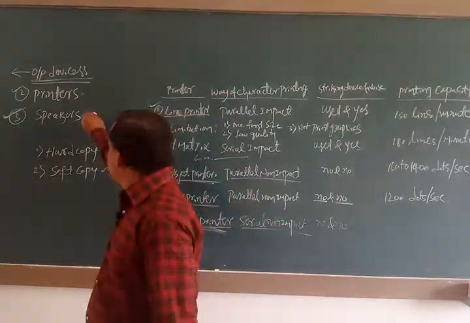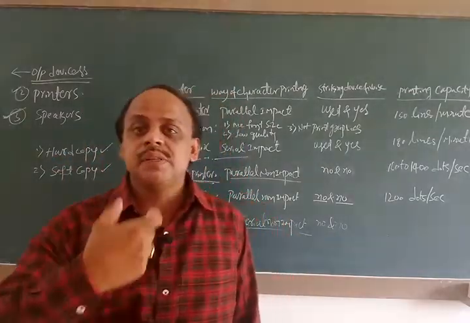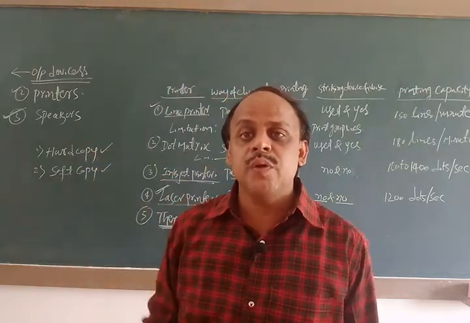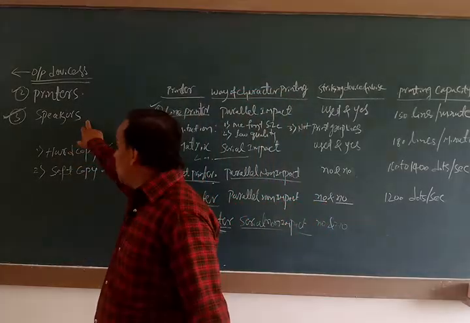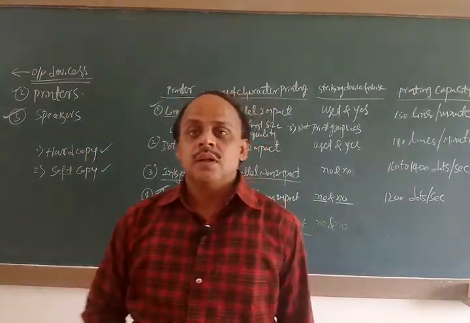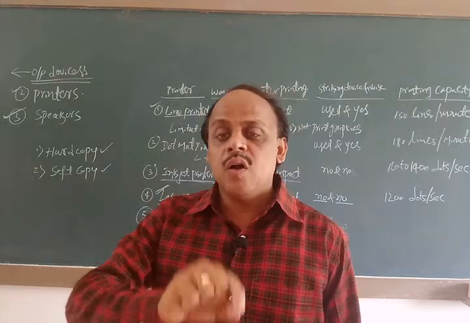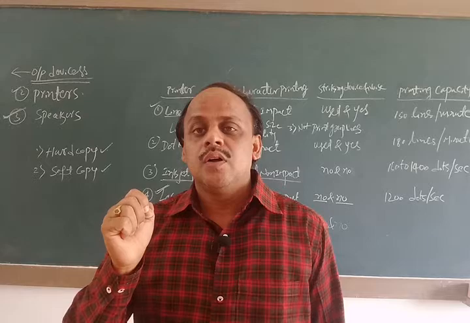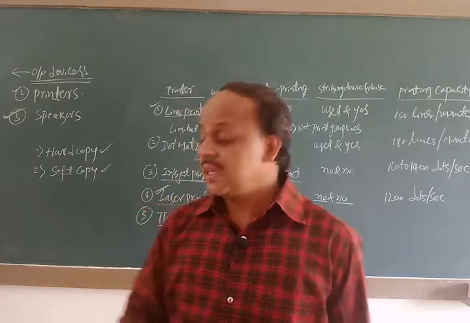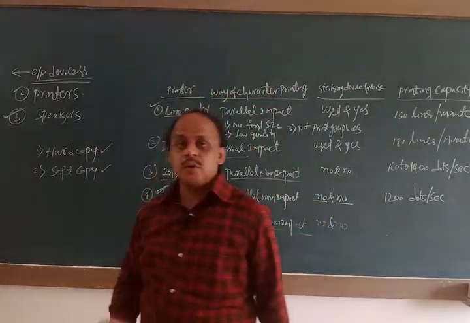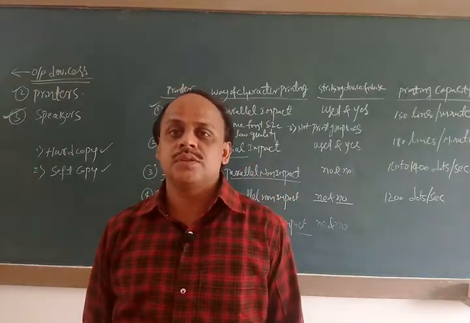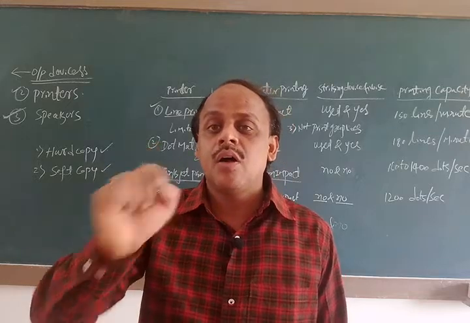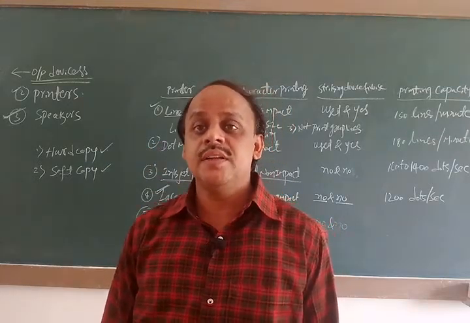What are speakers? Speakers are examples of output devices. They convert analog or digital signals into audible frequency of sound. These speakers provide results in the form of audible sound, right?